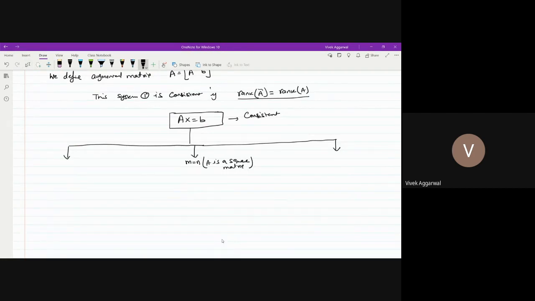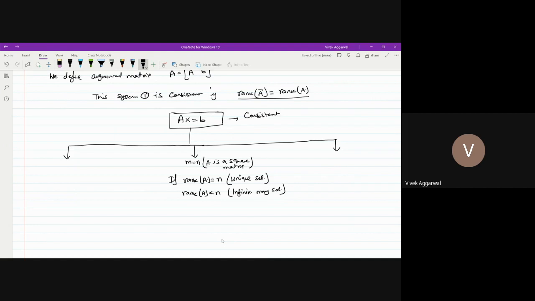Now let's see how and when we can have a unique solution or infinitely many. If the rank of matrix A is equal to n, then definitely this matrix is going to be non-singular, and in that case we are going to have a unique solution. And if the rank of matrix A is less than n, then we're going to have infinitely many solutions.